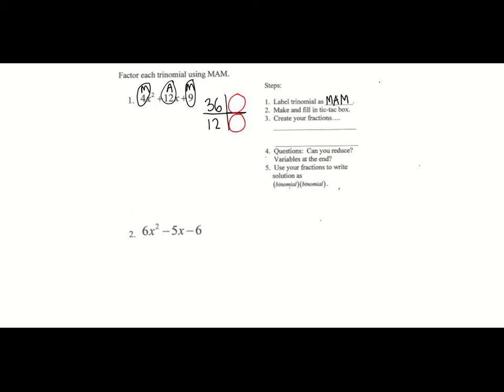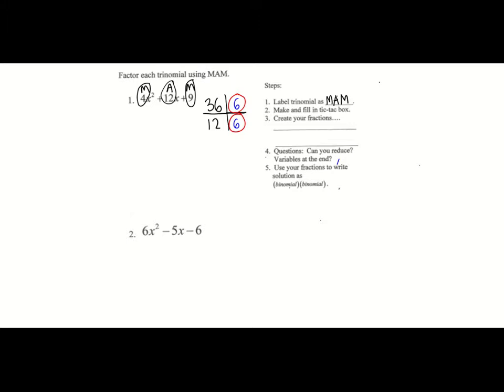So if I think about it, I think, okay, 3 times 12 would give me 36, but those don't add to 12, those add to 15. I know 6 times 6 gives me 36, and 6 plus 6 does give me 12, so that is my answer here. So we have a 6 and a 6. That is our step 2, filling in our tic-tac box.